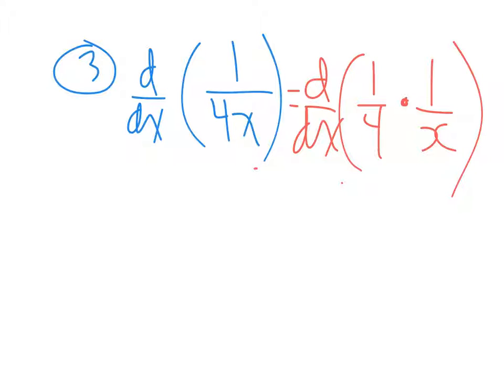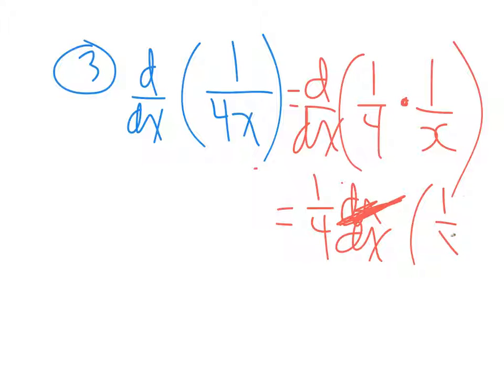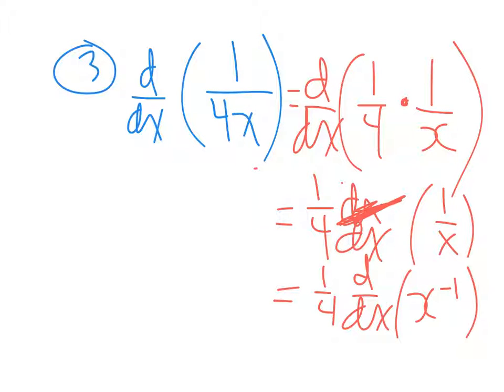I can use the constant multiple rule and do the derivative of 1 over 4x, or I can do the derivative of 1/4 of 1 over x. This way is a much easier way to do it. So I write that as 1/4 of the derivative d by dx of 1 over x, which is 1/4 d by dx of x to the minus 1.